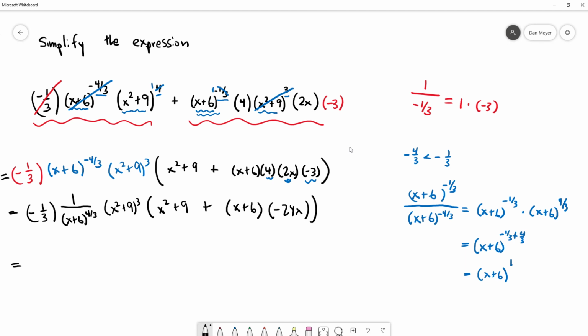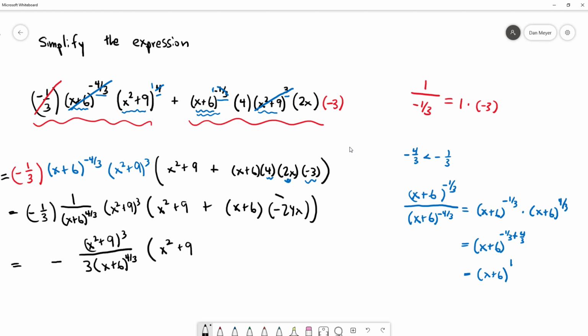I'm going to start to lump some of this together in one big fraction now. I'm going to have negative out front and x squared plus 9 cubed on top, and 3 times x plus 6 to the 4/3 on bottom. Inside these parentheses, I still have x squared plus 9.